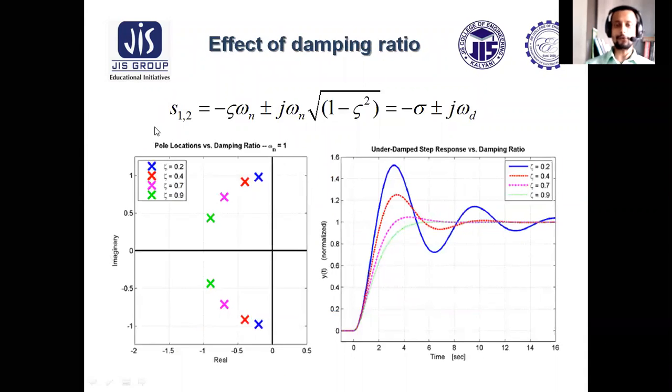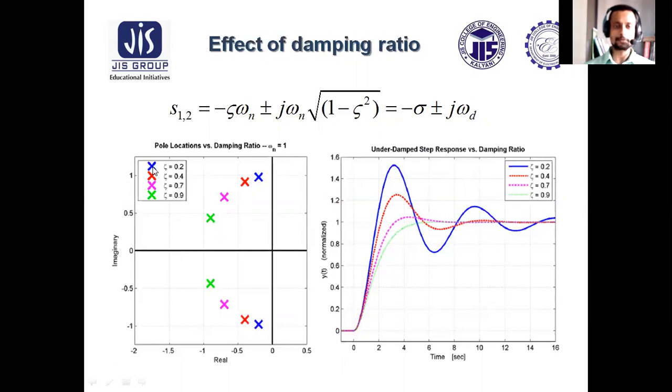Now, what is the effect of damping ratio on system response? See, this is the pole location of a system. We have studied how, depending on the zeta value, the pole location differs. So let us consider different zeta values: 0.2, 0.4, 0.6, 0.7, 0.9.